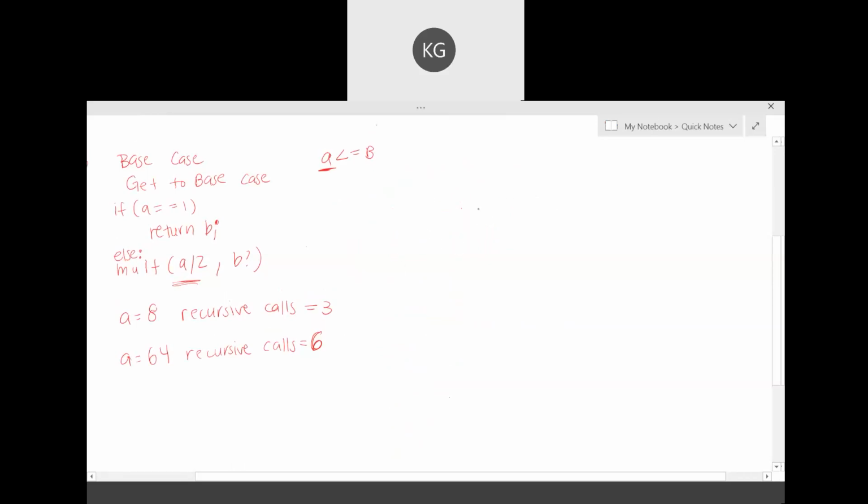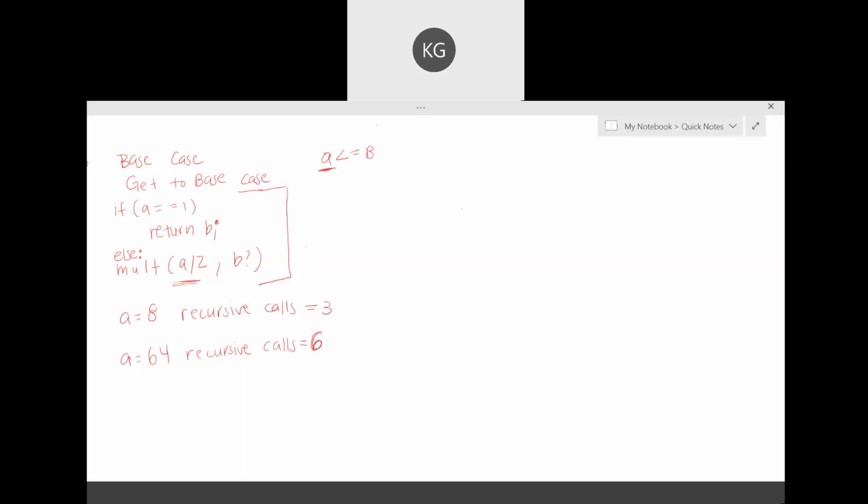So again, this is what most people's code looks like for recursive multiply, and this was kind of the answer, where we'd have an if statement with the base case if A is equal to 1. And then there's an else if, and there was an else that had a function called mult with something with A divided by 2. And remember, we're not really worried about what B is, because he said based on A is what we're trying to find the number of recursive calls.